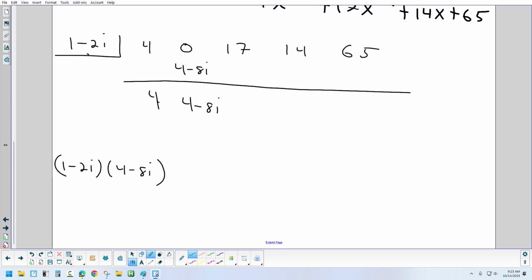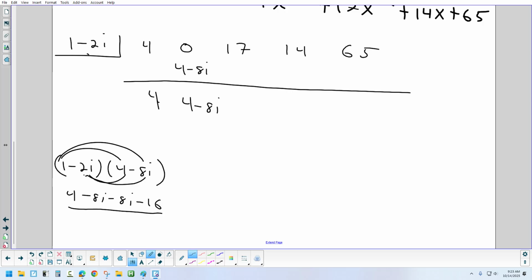Multiply that out. We're going to get 4 minus 8i minus another 8i. And then we're going to get negative 2i times negative 8i. That is 16i squared, which is negative 16. Okay.